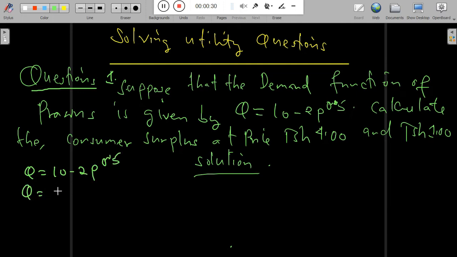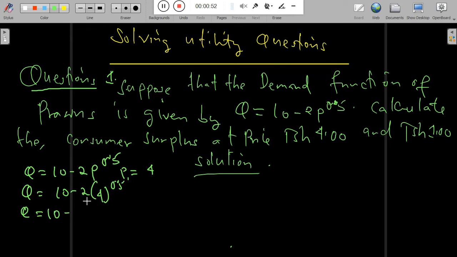Solution. We have the demand function (10 minus 2p) raised to the power of 0.5. What we need to do here is plug the first price into our demand function so we can obtain the output. That gives output equals (10 minus 2 times 4) raised to the power of 0.5.